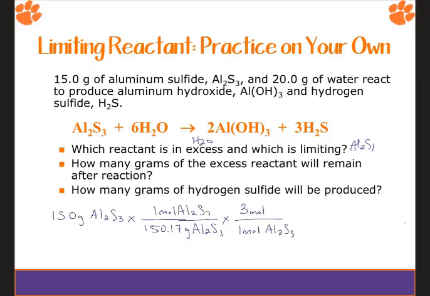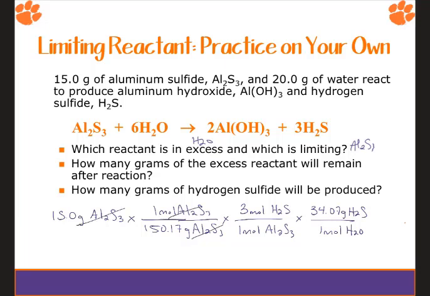So the coefficient in front of Al2S3 is 1. The coefficient in front of H2S is 3. Then our next step is we have to convert from moles of H2S into grams of H2S. So the molar mass of H2S would be around 34.07 grams of H2S in 1 mole of H2S.